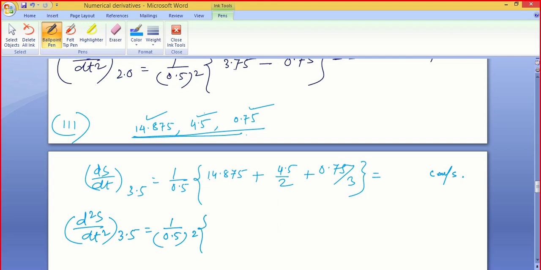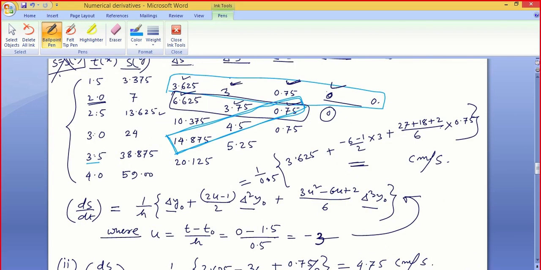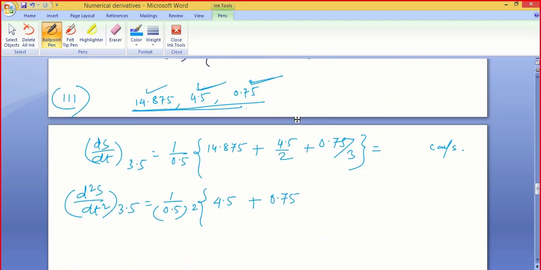Second difference is this, so 4.5 plus third difference 0.75 plus 11 by 12 fourth difference. But fourth difference is 0, so you don't need the other term. So only this is the acceleration.